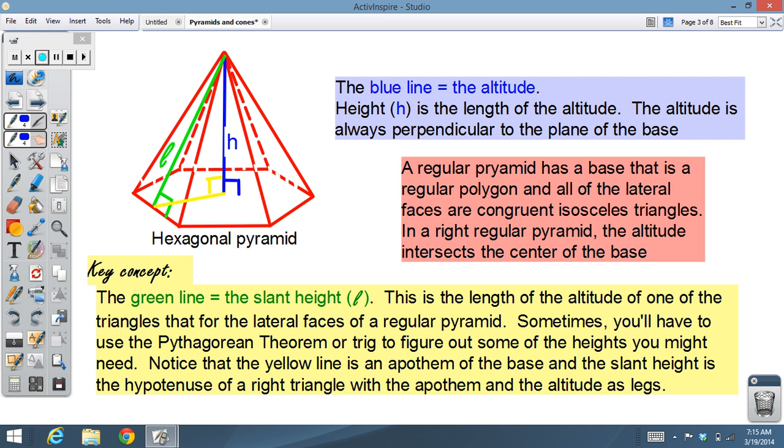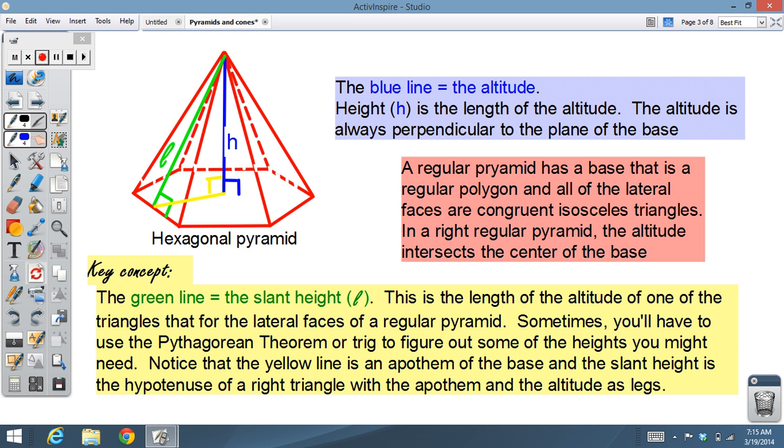Notice that we have this depicted here, a nice right triangle that's formed by one leg being the apothem of the hexagon, the other leg being the height of the pyramid, and the hypotenuse being the slant height.